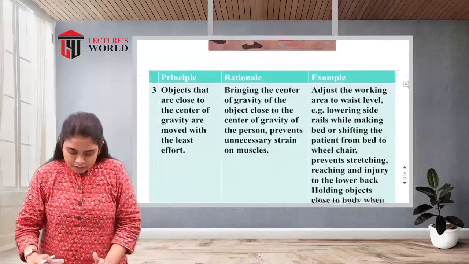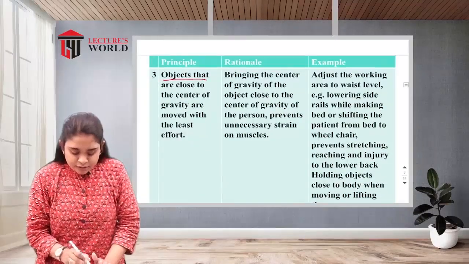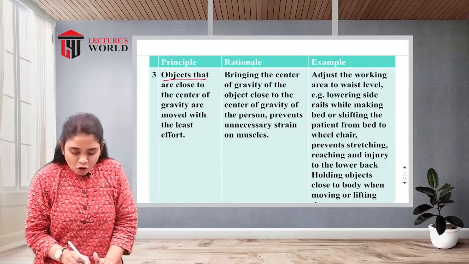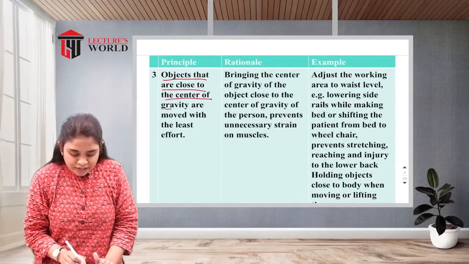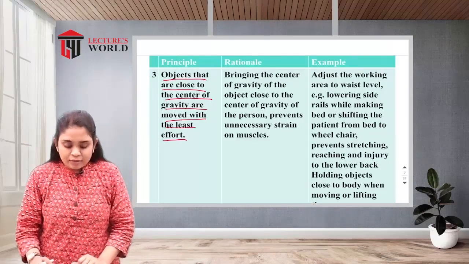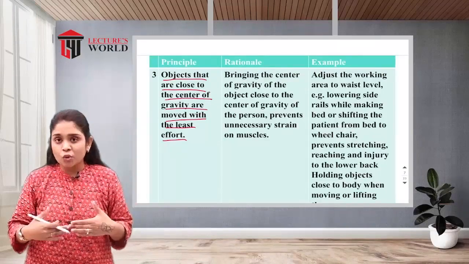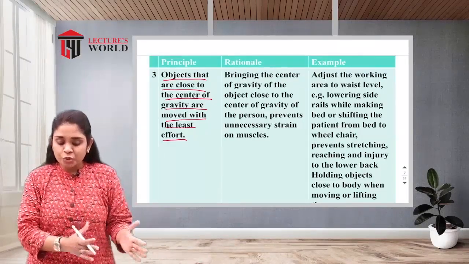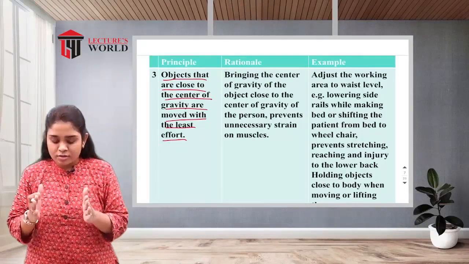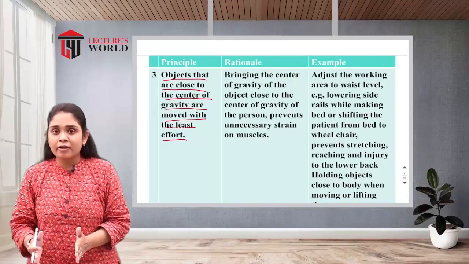Okay, now the third one we are talking about: objects that are close to the center of gravity are moved with least effort. So what happens, objects that are really close to us, make sure you make them lie at the center.